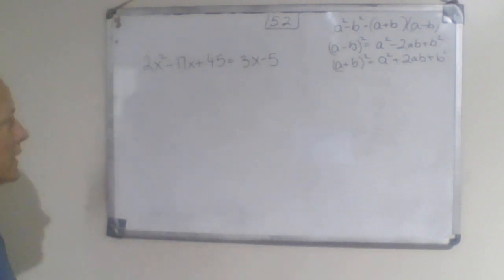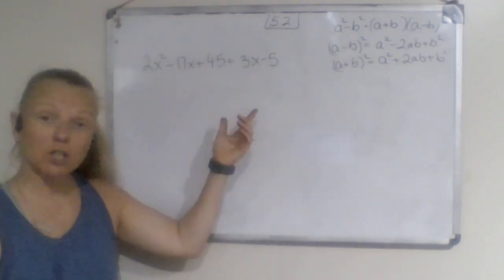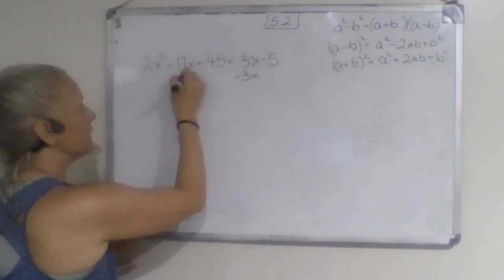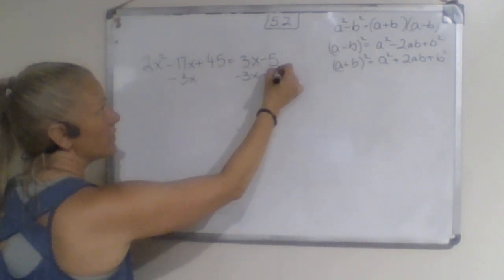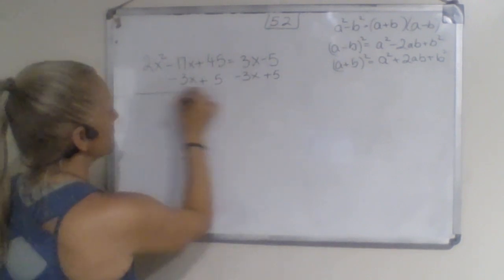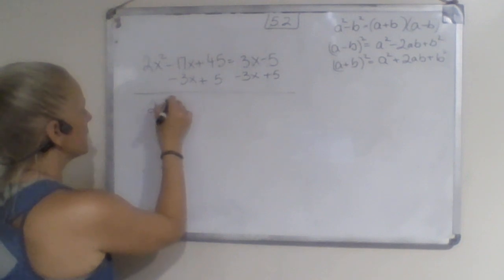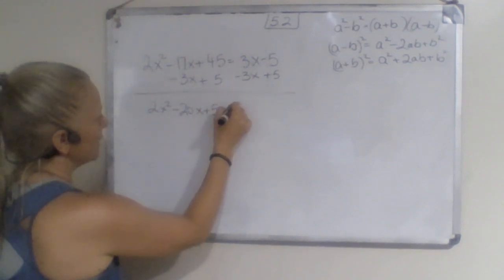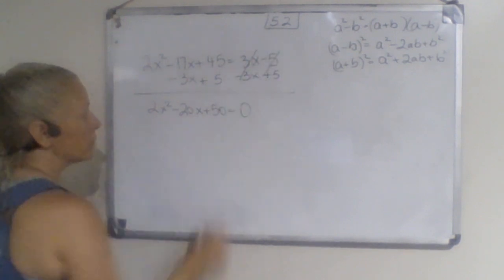The way it works is, in order to solve, you need to set it equal to 0, which means the 3x moves over, minus 3x. Then the 5 moves over, plus 5. We do the opposite signs, right? So this becomes 2x squared minus 20x plus 50 equals 0, right?